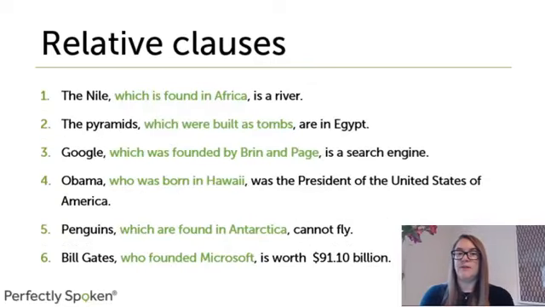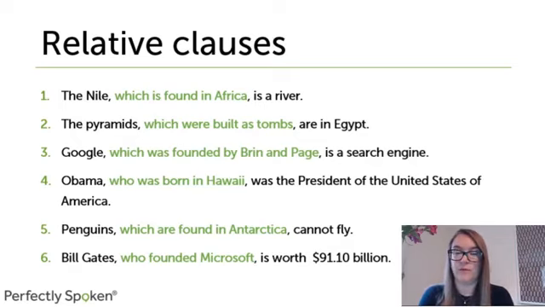Okay, well, let's have a look at my ideas. So number 1, the Nile, which is found in Africa, is a river. Number 2, the pyramids, which were built as tombs, are in Egypt. Number 3, Google, which was founded by Sergey Brin and Larry Page, is a search engine.